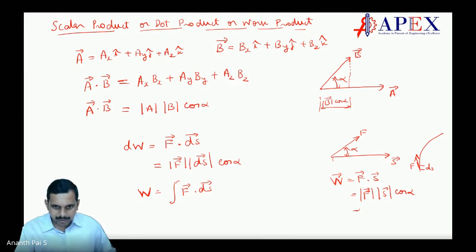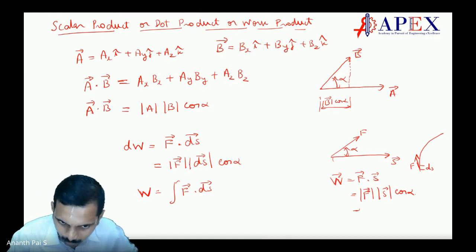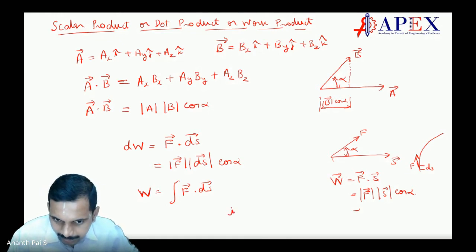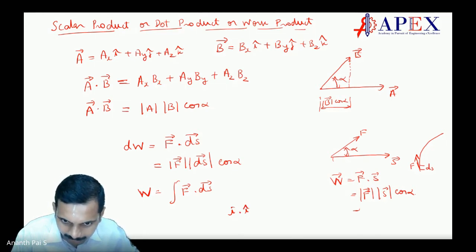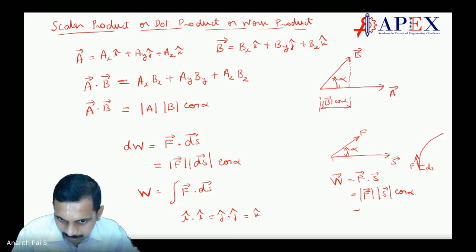Some more rules I want to tell you, students, the rules which you know already. I vector, unit vector dotted with the same unit vector: i dotted with i is equal to j dotted with j is equal to k dotted with k, that is equal to 1.